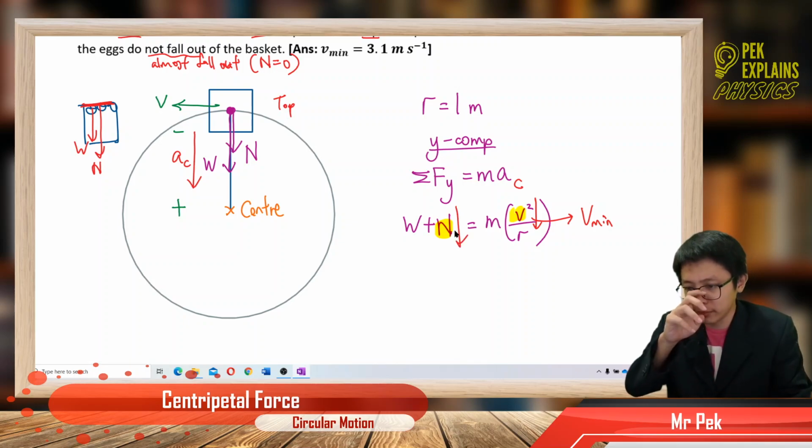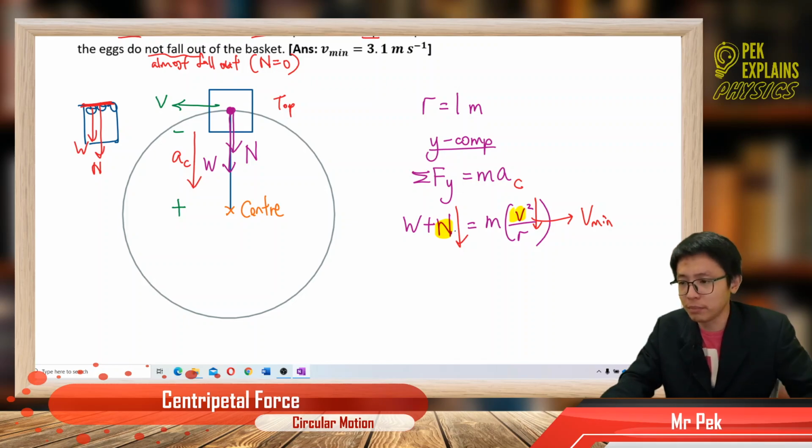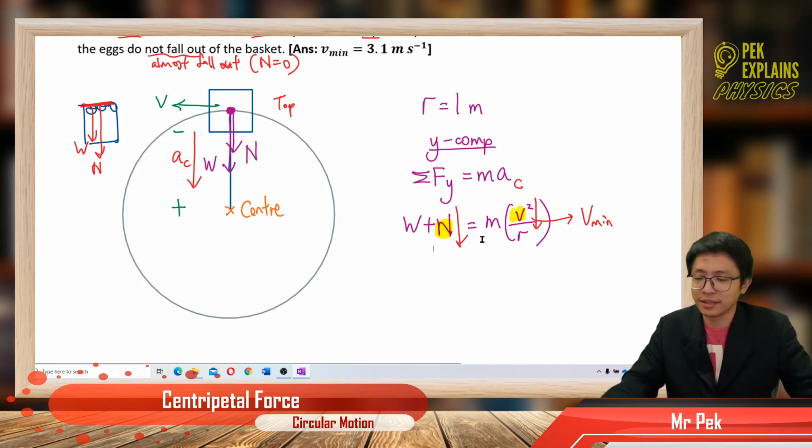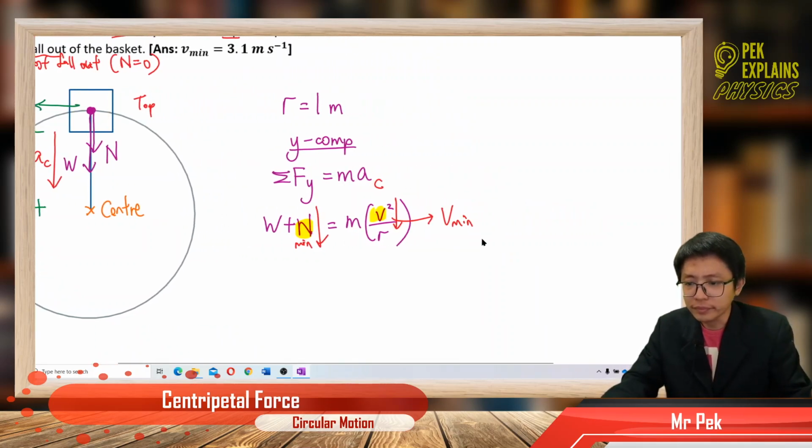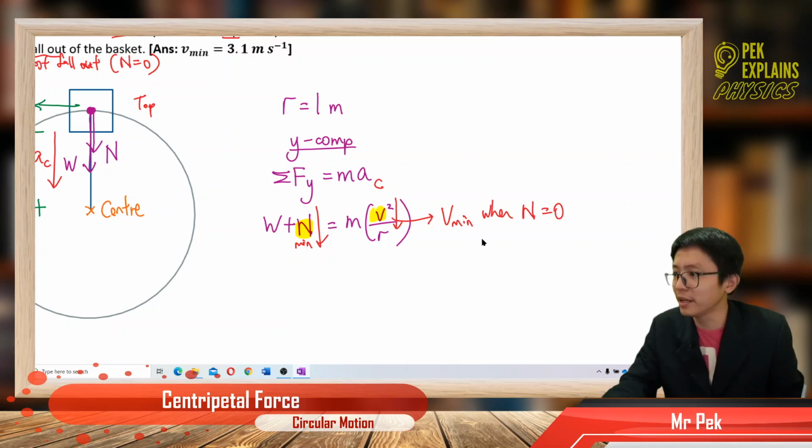So what is the minimum normal force? It can be 0. The speed is minimum when the normal force equals 0. You understand that?